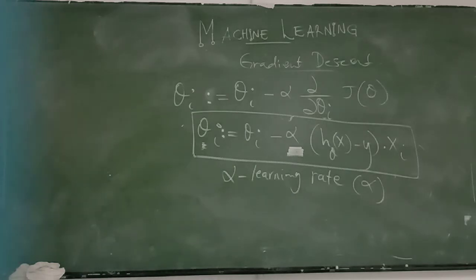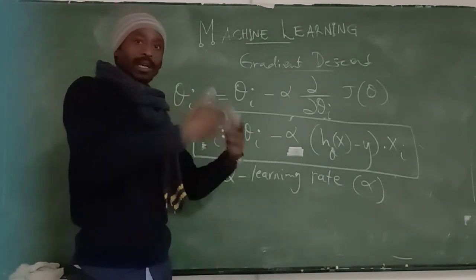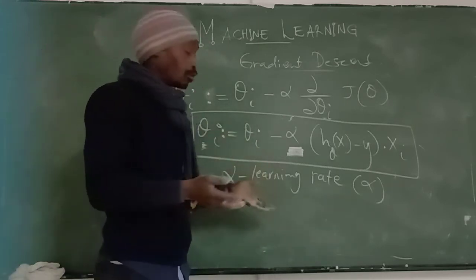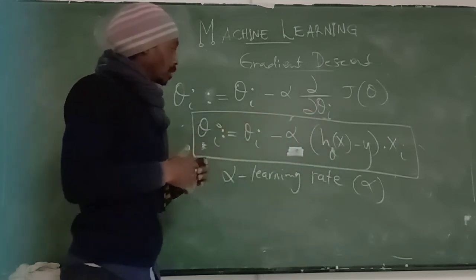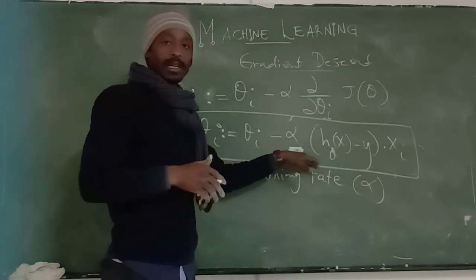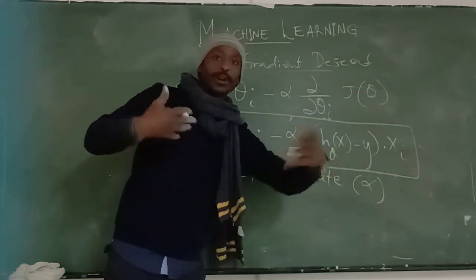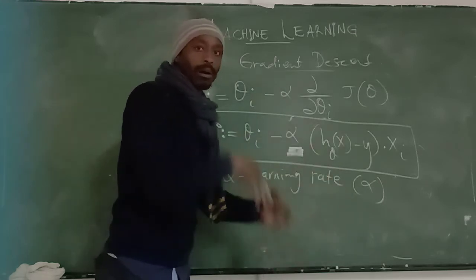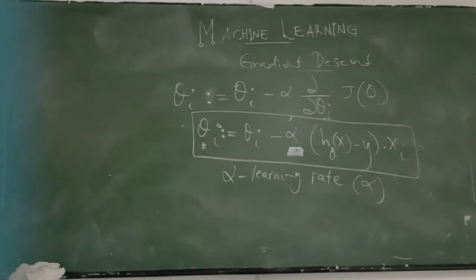You take very small steps, and eventually you will take a longer time to get to the minimum. Just like if you choose alpha to be too large, you'll be taking too large steps to converge towards the minimum, then you might end up overshooting the minimum. All right.